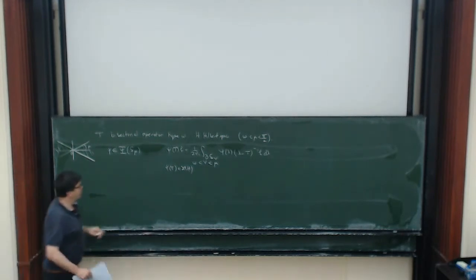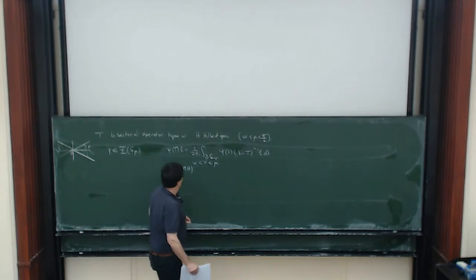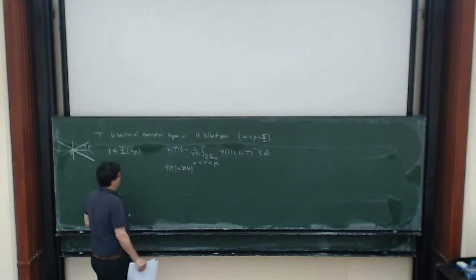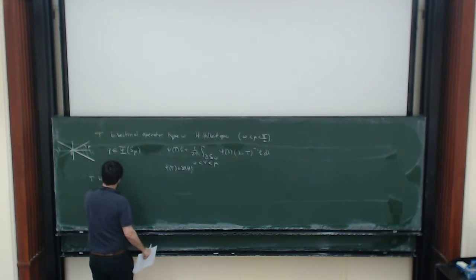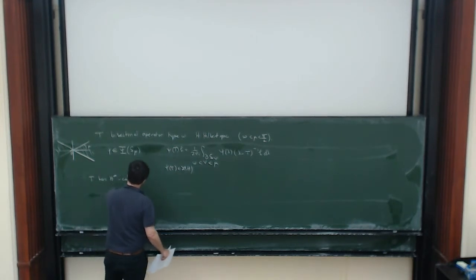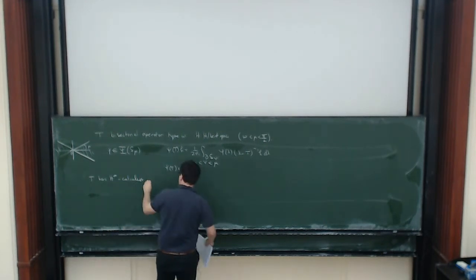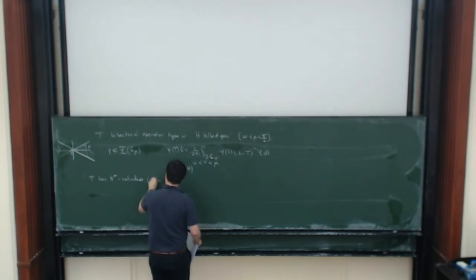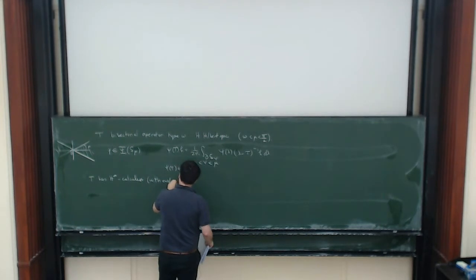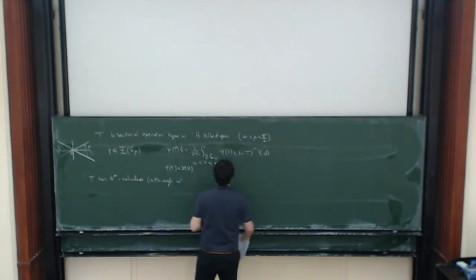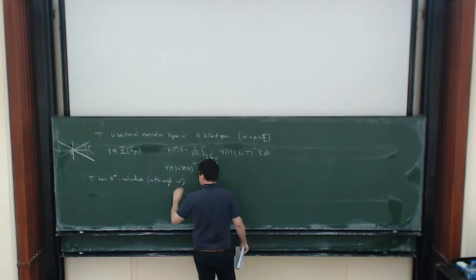It's independent of nu. And then T has H infinity calculus, well, with angle omega prime, which could be the same or different depending on the situation. Here it's going to be the same.